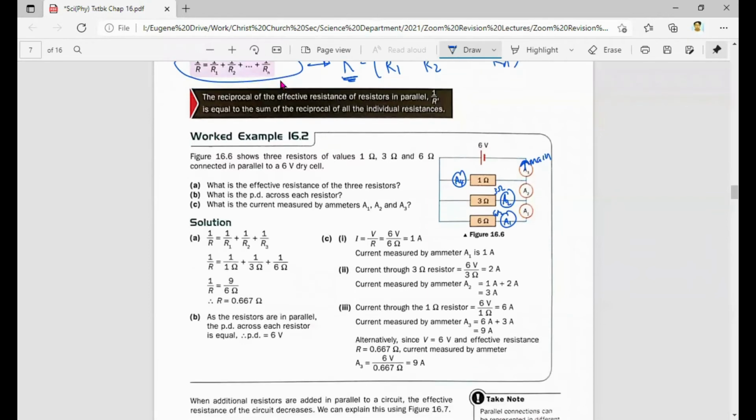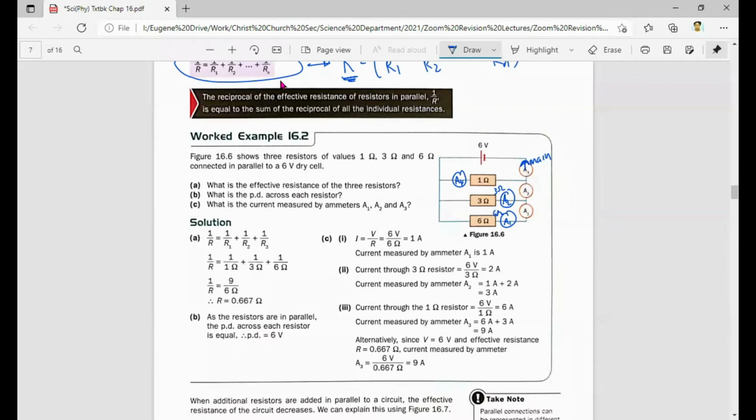Okay? So first things first, let's look at the question in terms of answering them. Part A: what is the effective resistance of the 3 resistors? So you're going to apply this. The effective resistance is equivalent to 1 over the 1 ohm, 1 over the 3 ohm, 1 over the 6 ohm. 1 over R will be equivalent to 9 over 6 if you press your calculator.